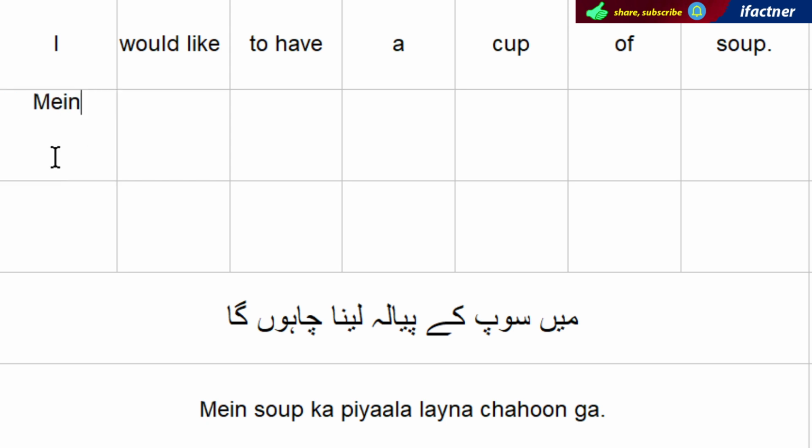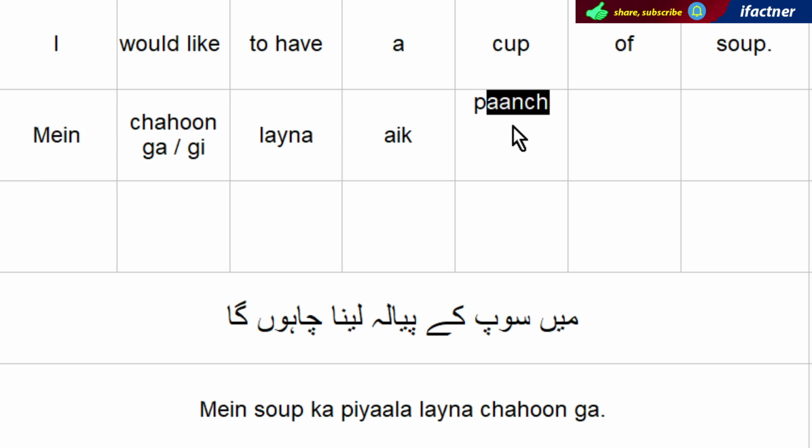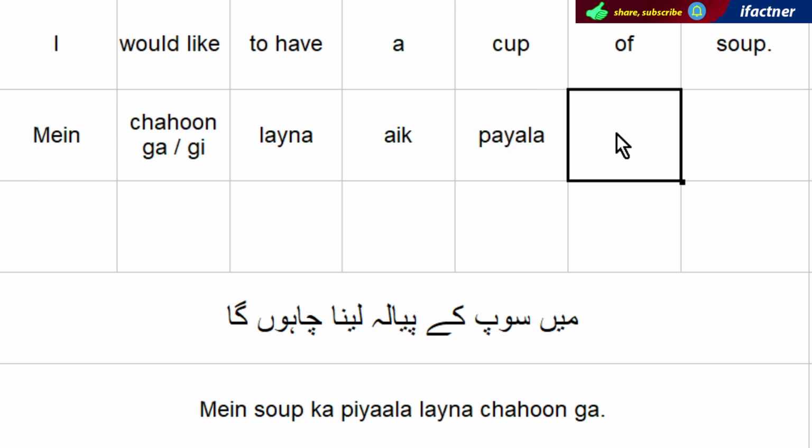So I is मैं, would like is चाहूँगा, and गी for female. To have is लेना. A is एक. Cup is प्याला. Of is का and soup is soup or yakhni.